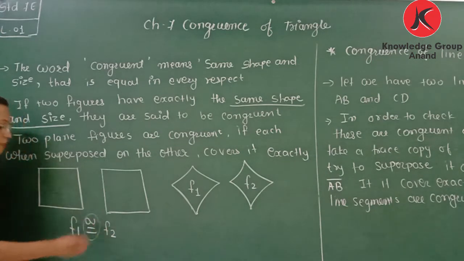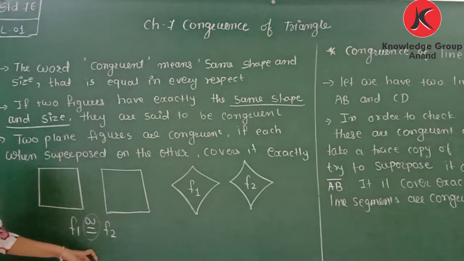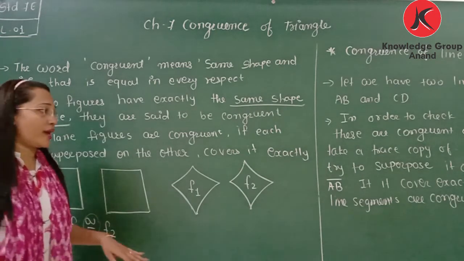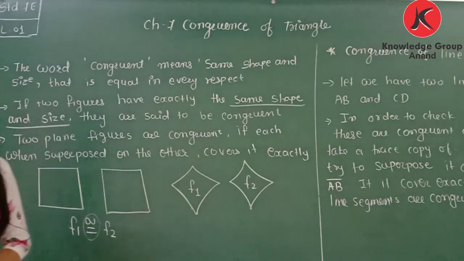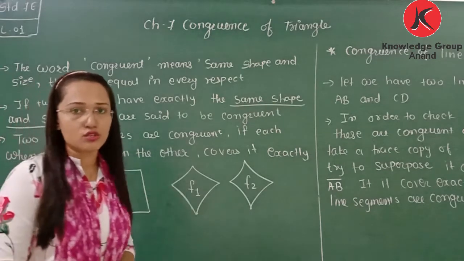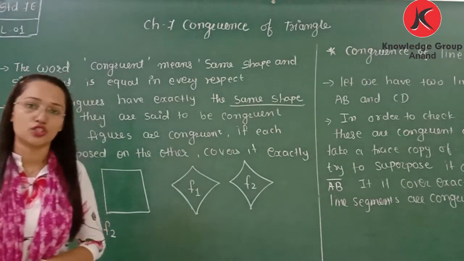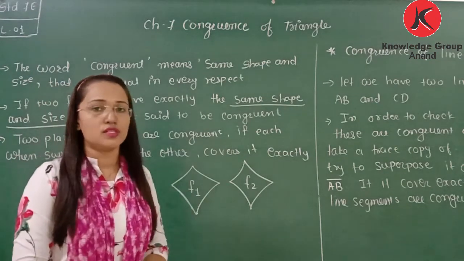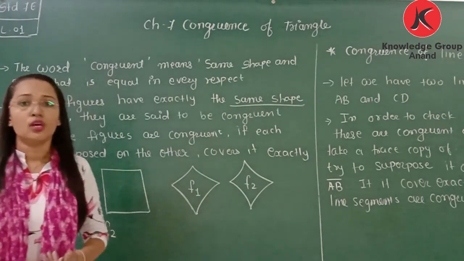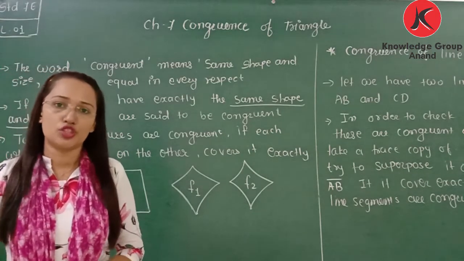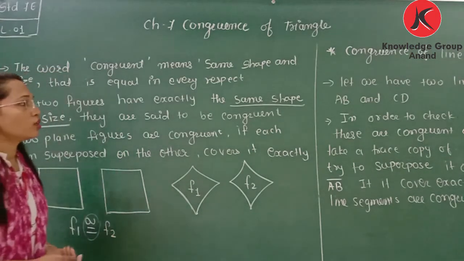This is the symbol that represents correspondence. Clear? As we compare two plane figures, we can also compare lines, angles, and any other shape. We can find the congruency in a square, in a rectangle. What we need to do? If two figures are exactly the same size and shape, then they are called congruent objects.